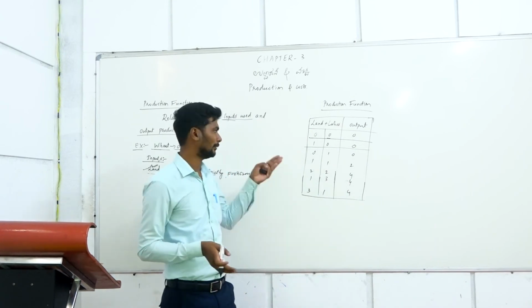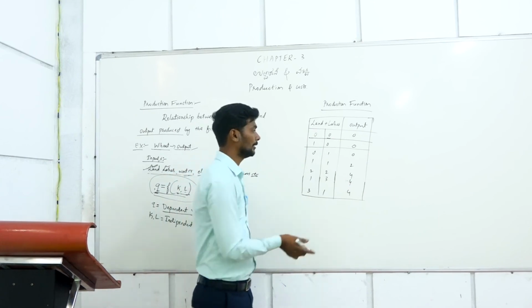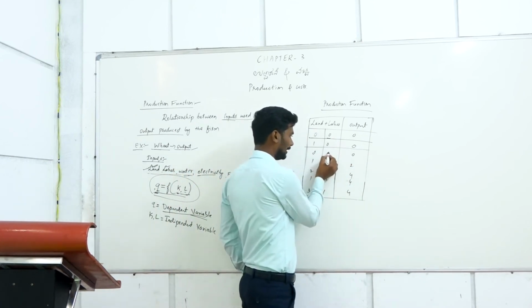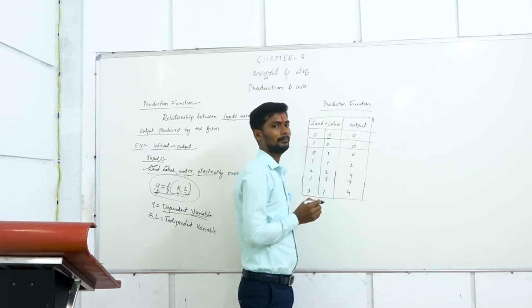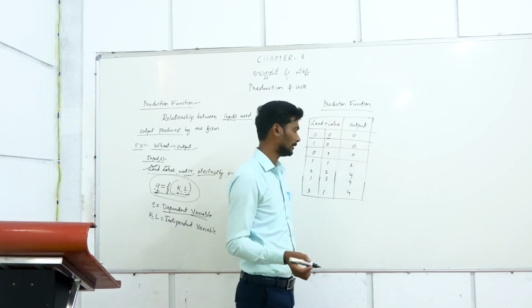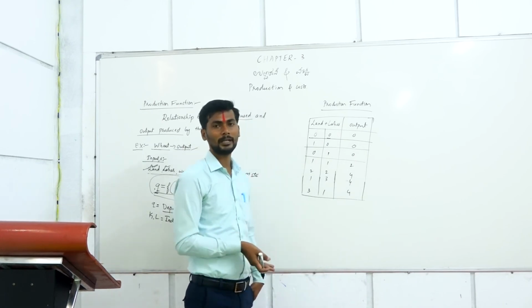How can output be produced? And if 1 labor is there but land is not there, then production should be 0, because what is the use of labor without land?